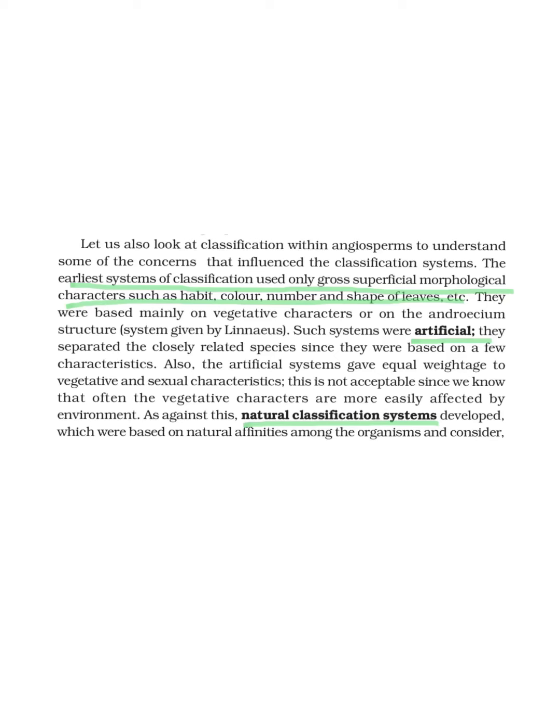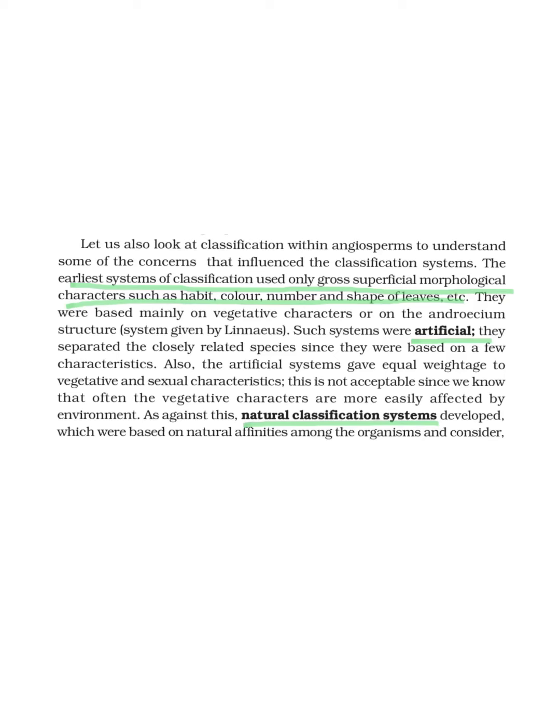The earlier systems of classification used only superficial morphological characters like habit, color, number, shape of leaves, etc. They were based mainly on vegetative characters or sometimes the structure of androecium, gynoecium, etc. Such a system, which was given by Plinius, was artificial.